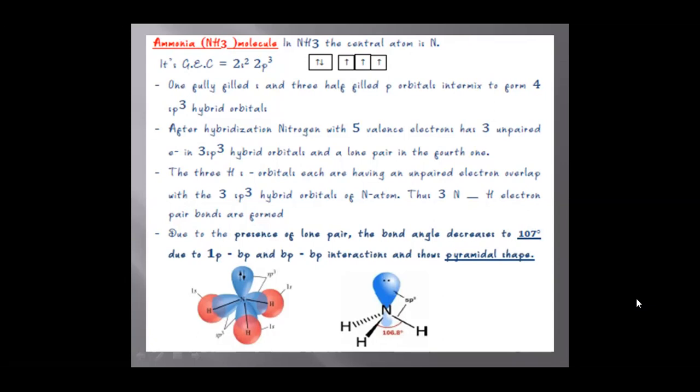But due to the presence of one lone pair of electrons on the nitrogen atom, there is repulsion between the lone pair of electrons and the bond pairs. Hence, the bond angle decreases from the normal tetrahedral angle of 109 degree 28 minutes to 107 degree. And the geometry of the molecule is pyramidal.